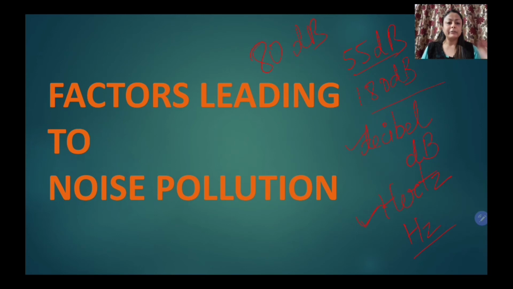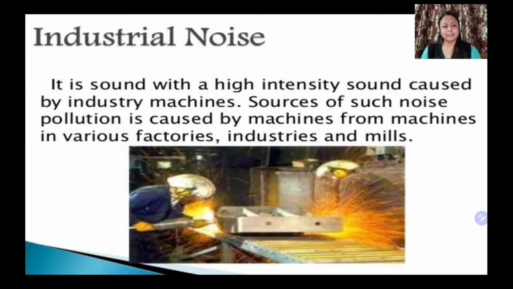So now we will move to the factors leading to noise pollution. The first factor is industrial noise. It is the sound with a high intensity caused by industry, especially the machines. Sources of such noise pollution are machines from factories, industries and mills.